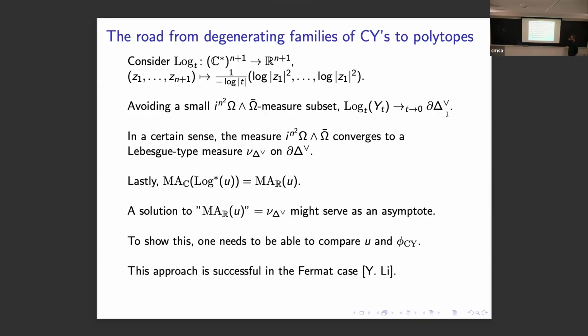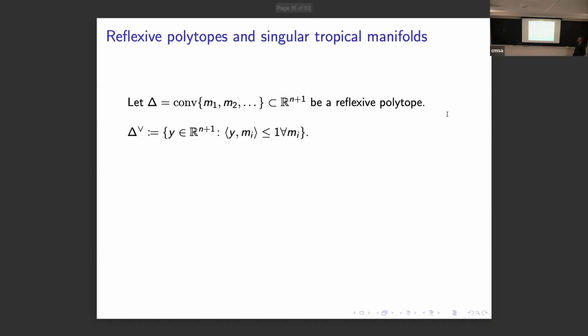Okay, so now I want to continue with trying to formulate this equation in a reasonable sense. So the data is really a reflexive polytope. So this is a polytope with integer or lattice vertices.